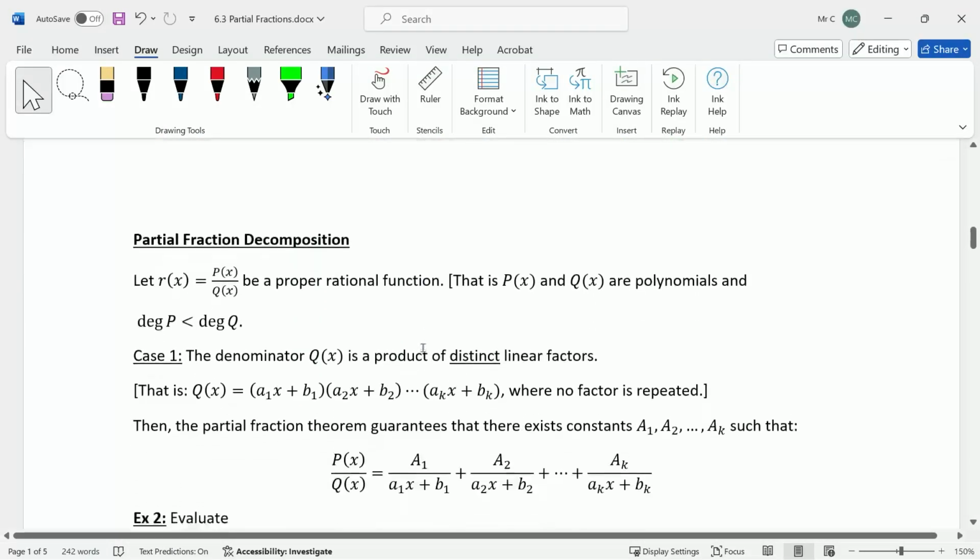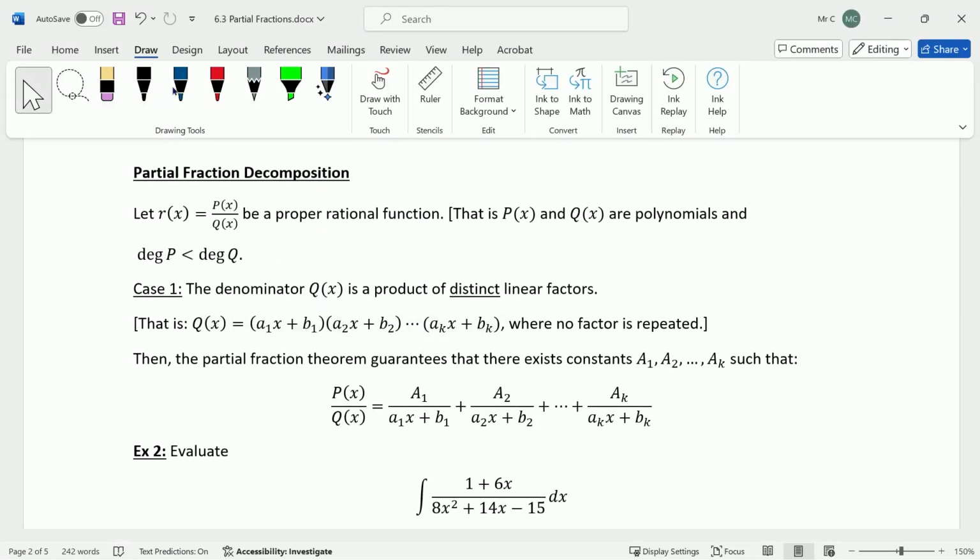Now, the rest of our problems here are going to be focused on something that should be a little bit more new to most students, which is partial fraction decomposition. So partial fraction decomposition is a result that comes from linear algebra.